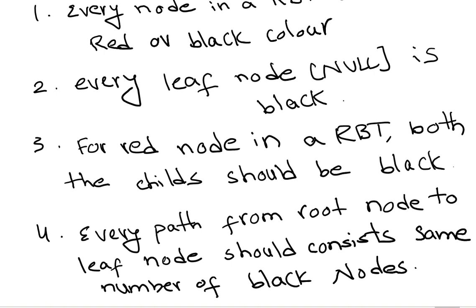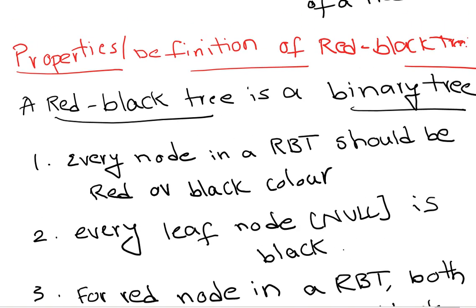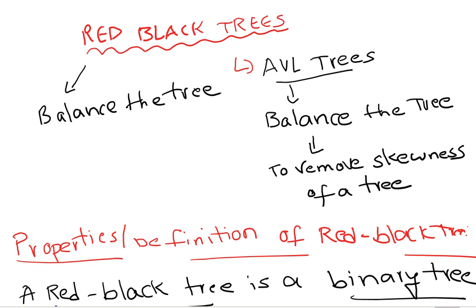This is the red-black tree. Once again, I'm repeating the red-black tree. A red-black tree is also a binary tree. Why we use red-black trees: in a binary tree, if you insert or delete an element, the tree will become skewed.